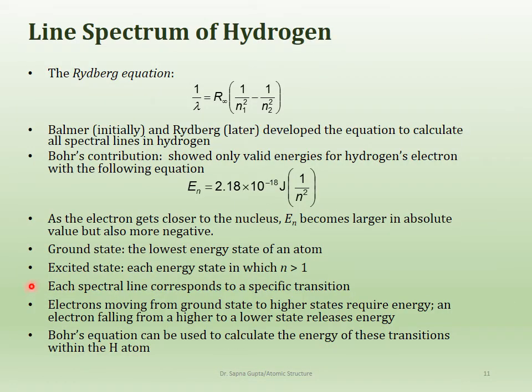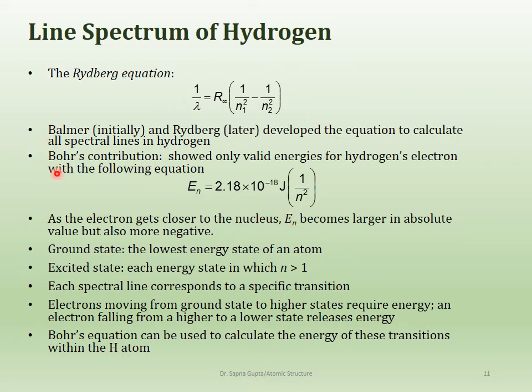So then a model was developed by which you can actually predict a line spectrum of any element. The first element that was studied was hydrogen. Bohr and Rydberg, two chemists slash physicists, came up with an equation that can help calculate the different spectral lines in hydrogen, and eventually you can calculate for any other element also.